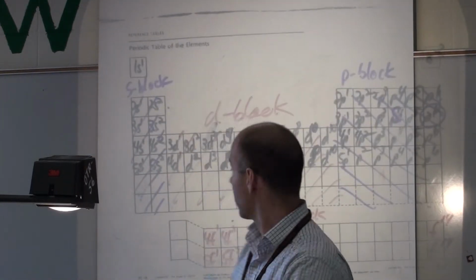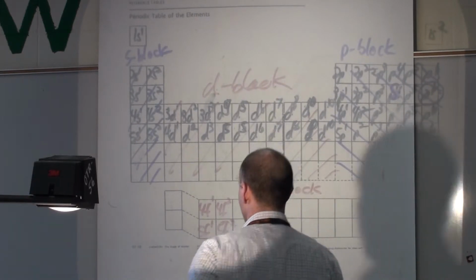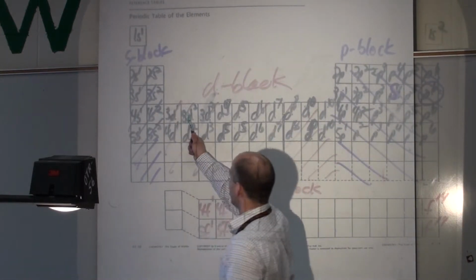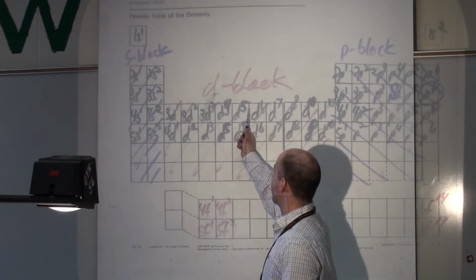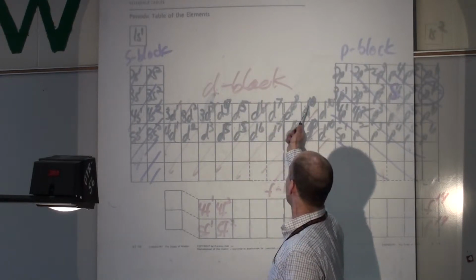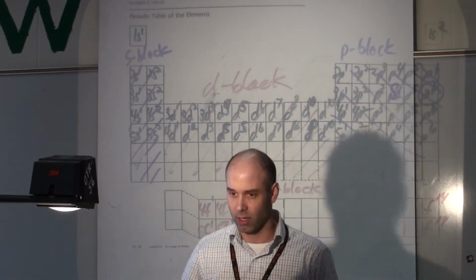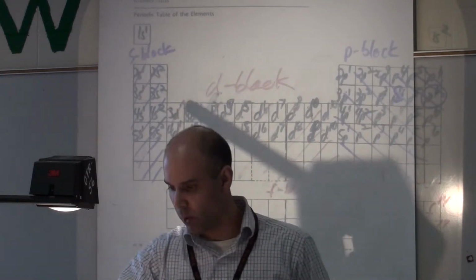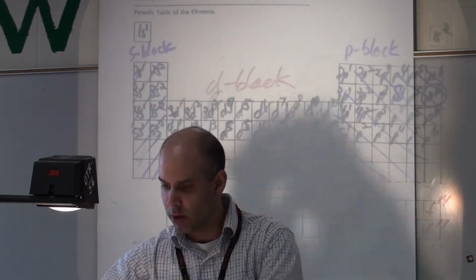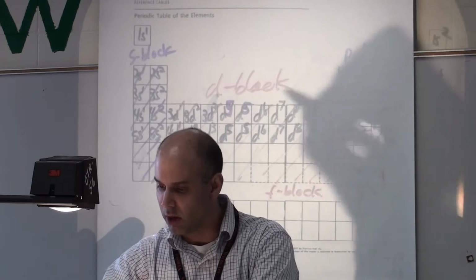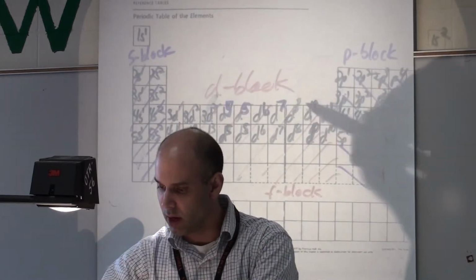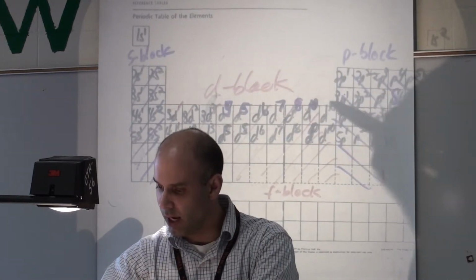When you look at the periodic table, we went 3d1, 3d2, 3d3, 3d4, 3d5, 3d6, 3d7, 3d8, 3d9, 3d10. Technically, the filling goes 3d1, 3d2, 3d3, 3d5, 3d5, 3d6, d7, d8, d10, d10.